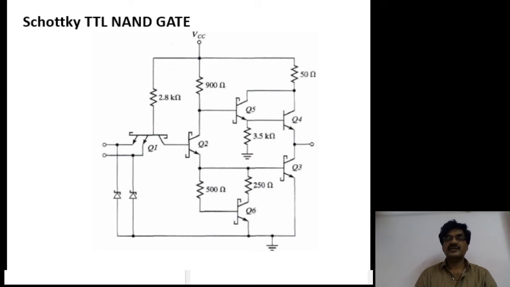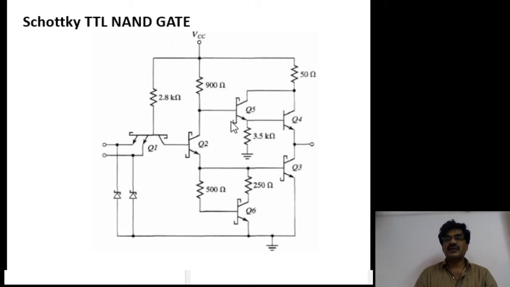The only difference is that all the transistors are replaced by Schottky transistors except the Q4 transistor, because Q4 operates in active region only, not in saturation, whereas the other transistors Q1, Q2, Q3 operate in saturation. That's why these three are replaced by Schottky transistors, and two more transistors are used here: one is the Q5 transistor and another one is the Q6 transistor.